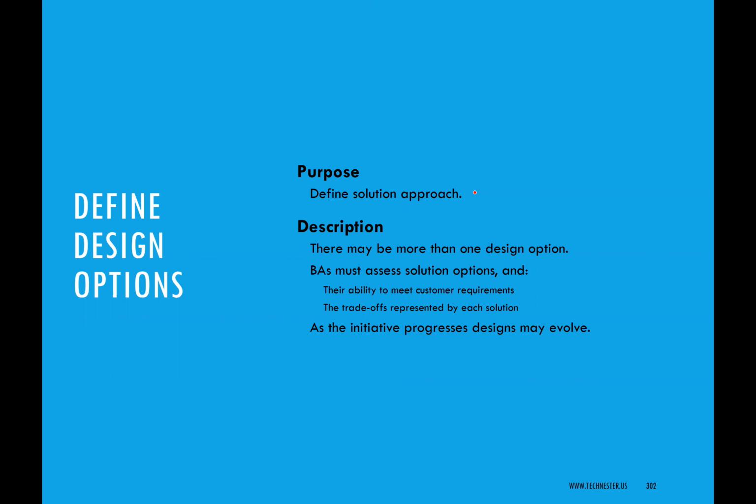So essentially what you're doing is you're defining the solution approach. Since there may be more than one way to implement the design, you start looking at the different ways. So a BA must assess solution options and their ability to meet customer requirements, or the trade-offs that will be required by each solution.